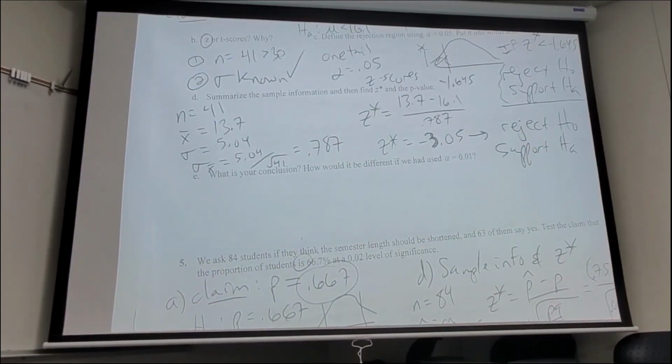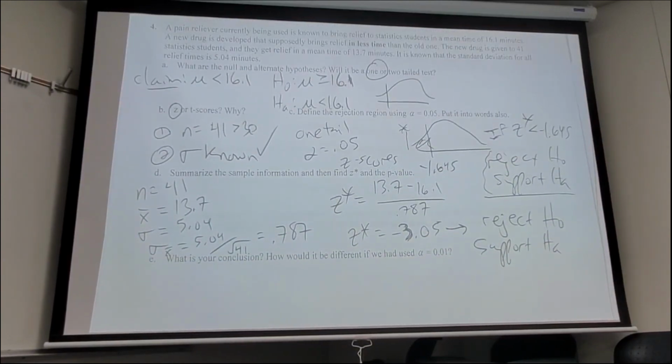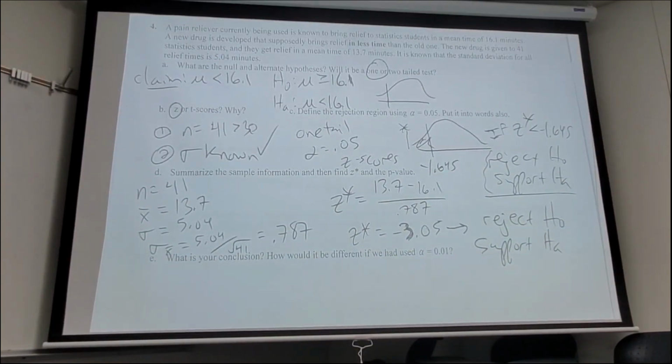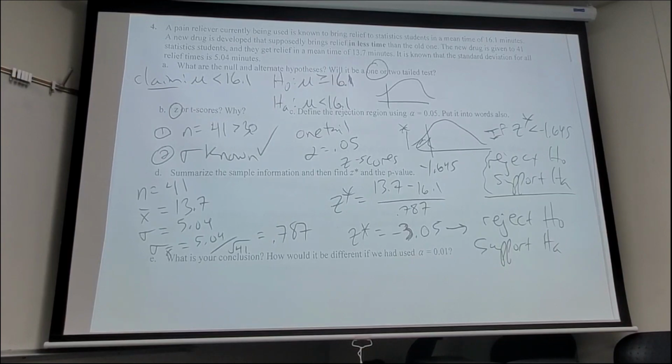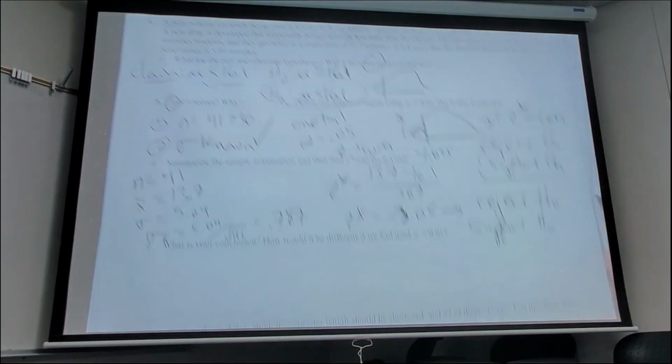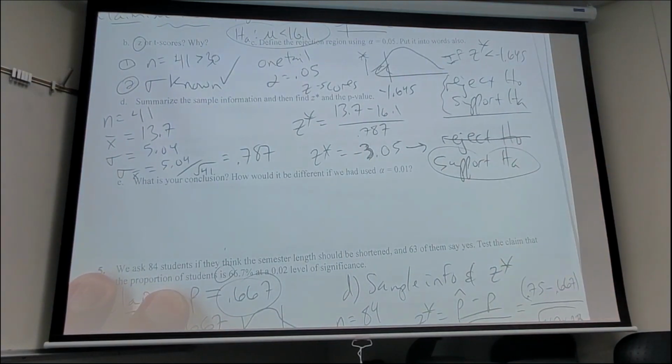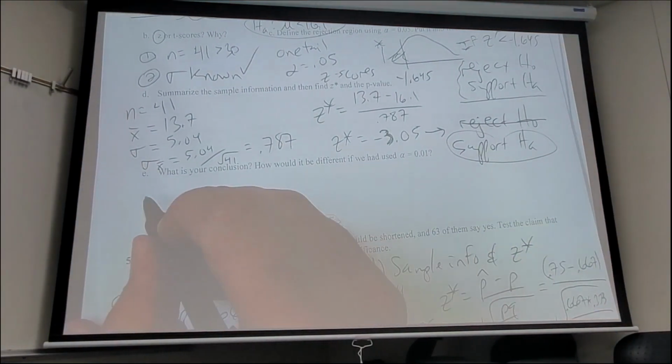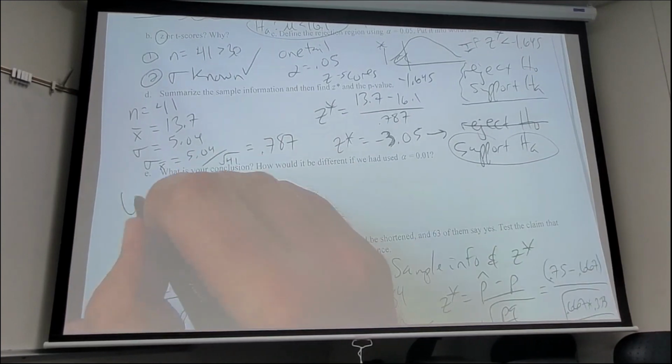So, how do I write this? What was the claim? Which one, the Ho or the Ha? The Ha. Here's the claim, and we put it here. So therefore, I'm going to use this language. So we succeeded.